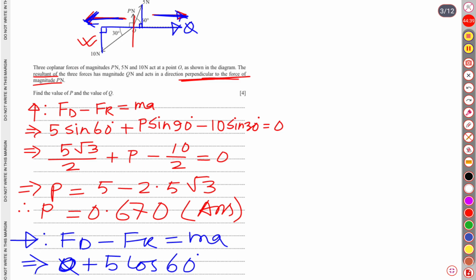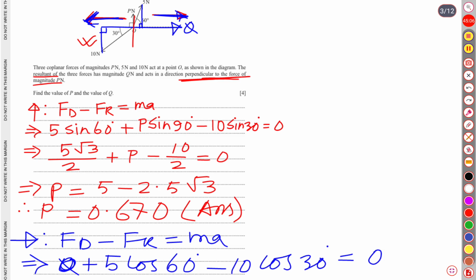So that's why it is going to be negative 10 cos 30 degree. Cos 30 degree equal to mass into acceleration is going to be 0, because resultant force is, now if we add up Q to the resultant force or subtract Q from the resultant force, it is going to be 0. So right side is 0.